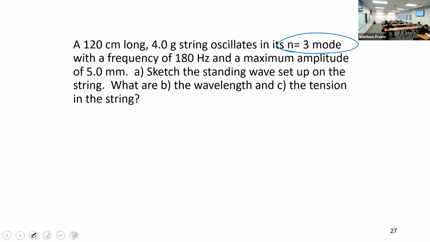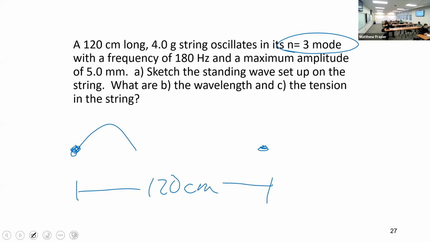So we can sketch that. Here's one fixed point. There's the other fixed point. This is 120 centimeters. Now, n equals 3 means there's 3 half wavelengths. So we'd put in 1, 2, 3.